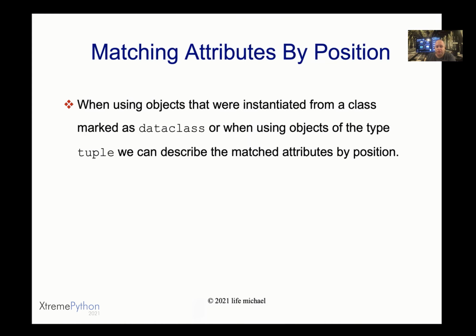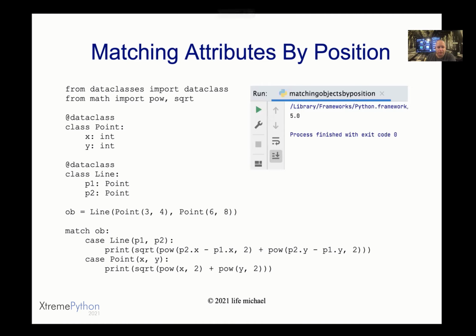If, for instance, we have an object that was instantiated from a class that was marked as a data class, or an object that was instantiated from the class tuple, in those cases, we can easily expect that there is a specific order for those attributes the object holds.